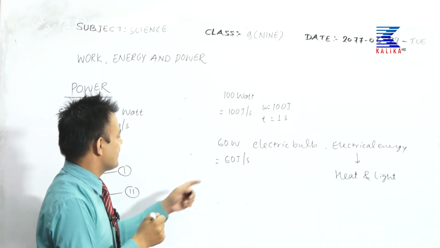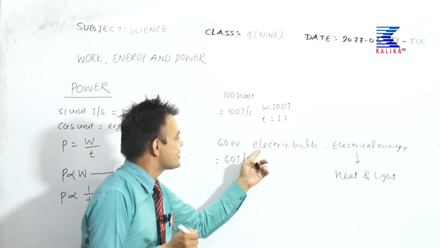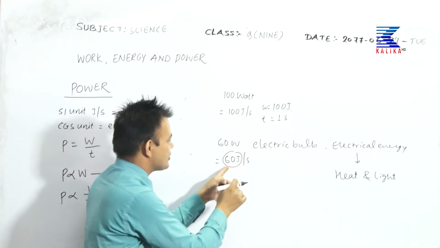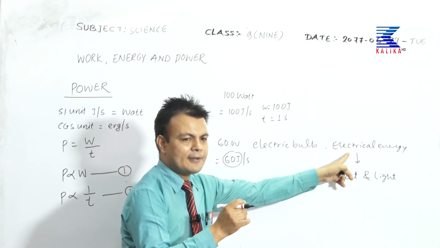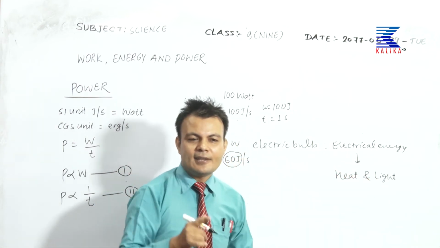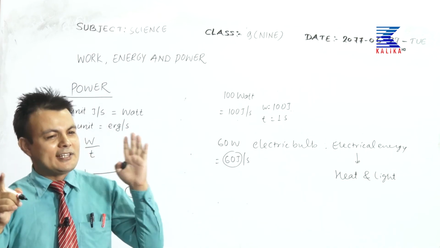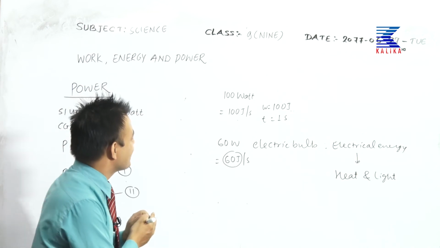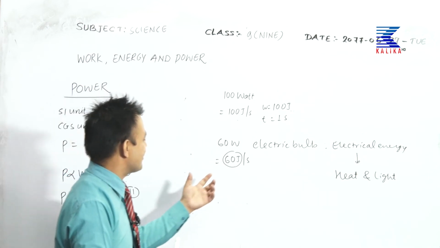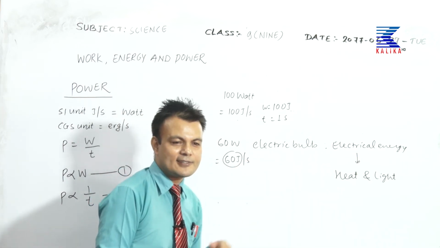It means that the electric bulb can convert 60 joule electrical energy into heat and light energy in 1 second, or in each second. What do you mean by 60 watt written on the electric bulb? It means that it can convert 60 joule electrical energy into heat and light energy.